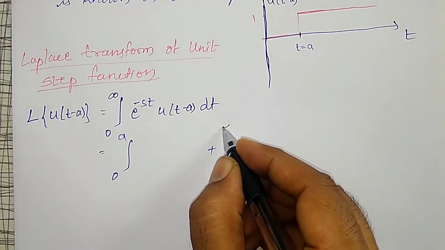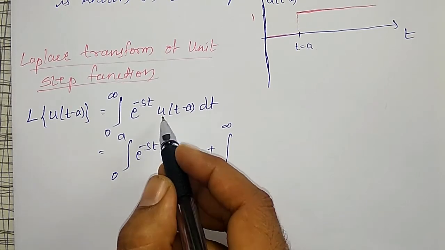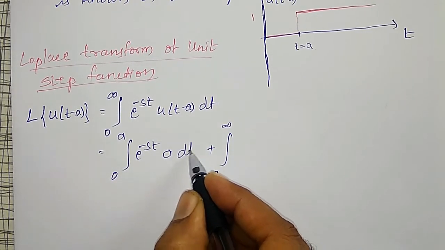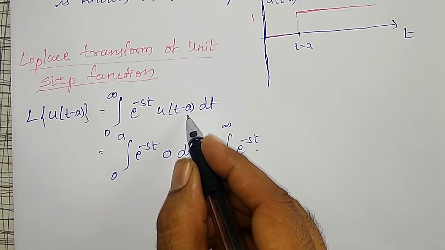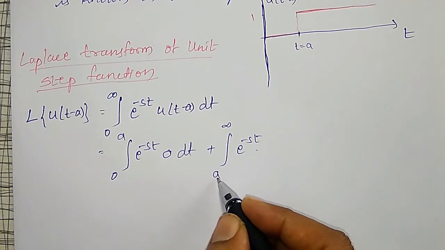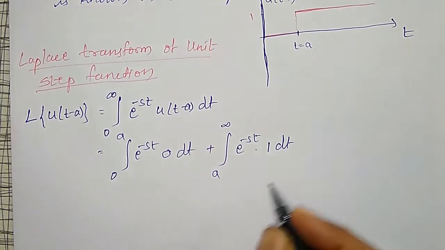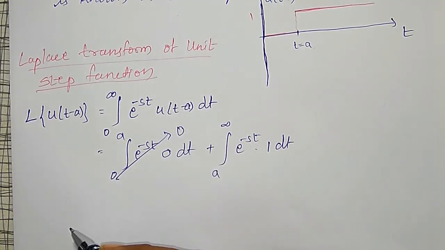The integration from 0 to a of e to the power minus st times u of t minus a, which is 0, dt, plus the integration from a to infinity of e to the power minus st times u of t minus a, which is 1, dt. The first part is 0, therefore it totally becomes 0.